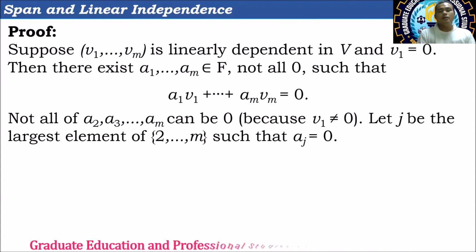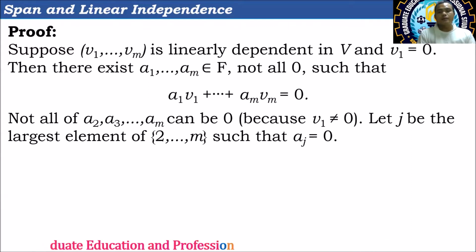Not all of a2, a3, until am can be 0. The only one that is provided is a1, which is 0, but a2 to am are not all 0, because v1 cannot be equal to 0.